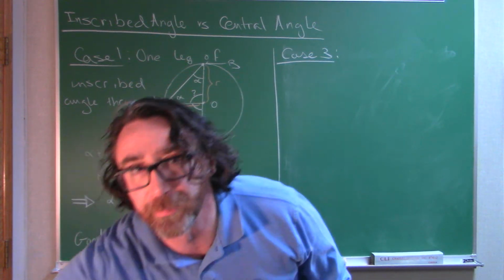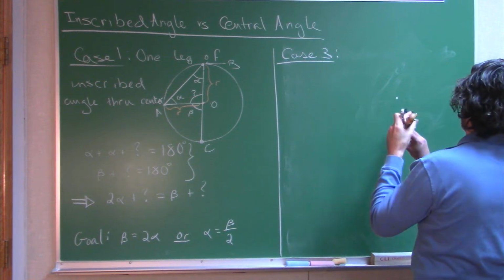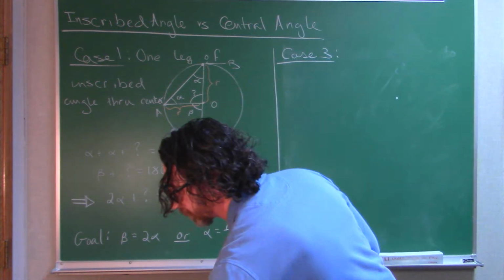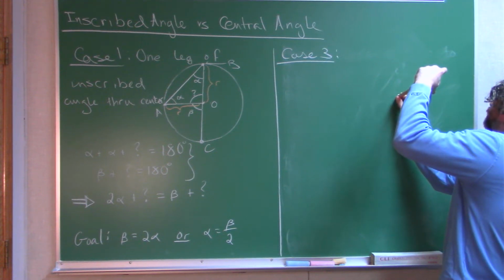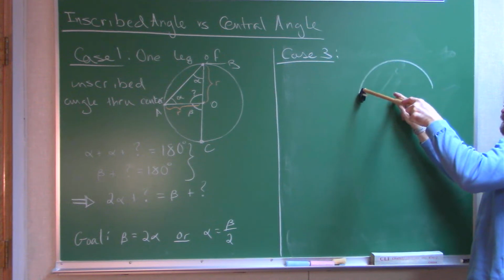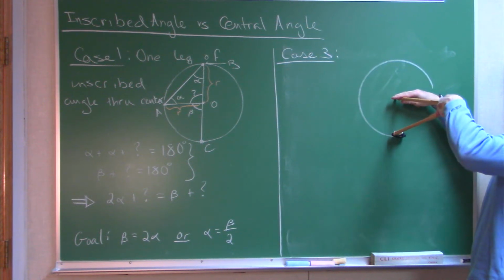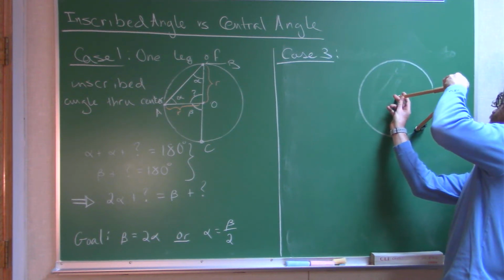So, let me grab my compass here, my chalkboard compass. So there's my center. This is a little unwieldy, but it gets the job done. Draws a fairly nice circle. I just have to watch myself and keep the point right on my center.